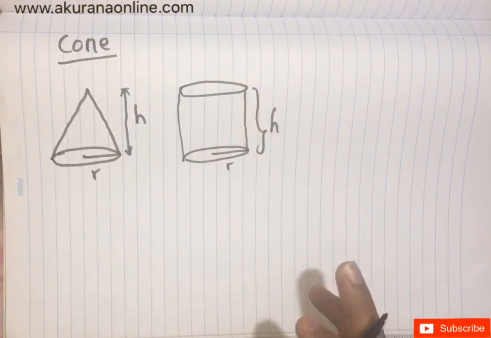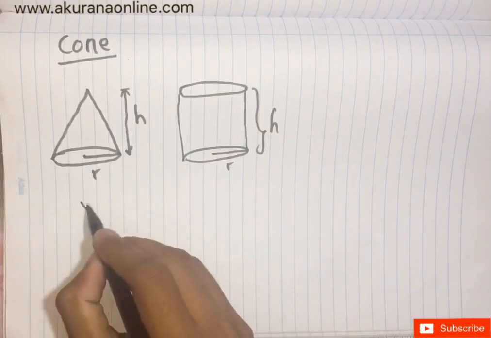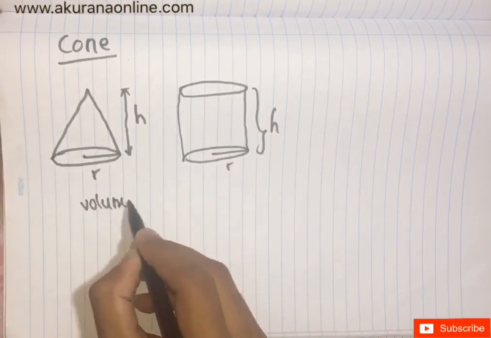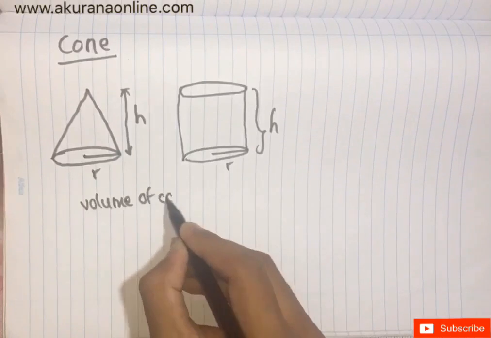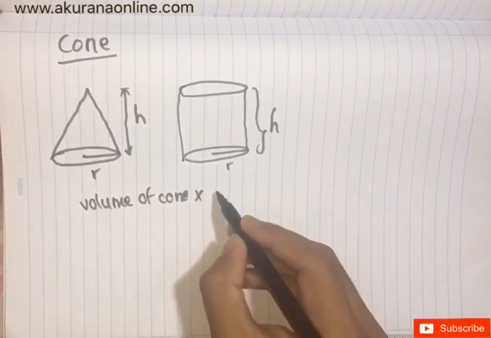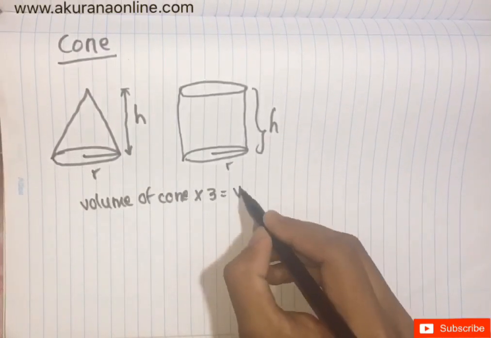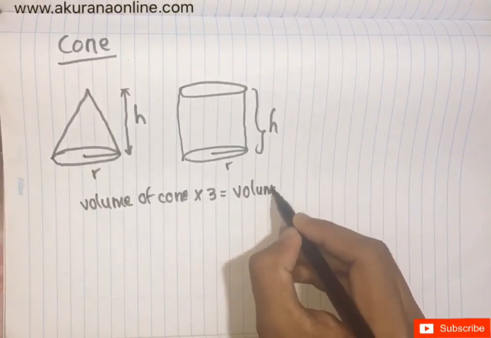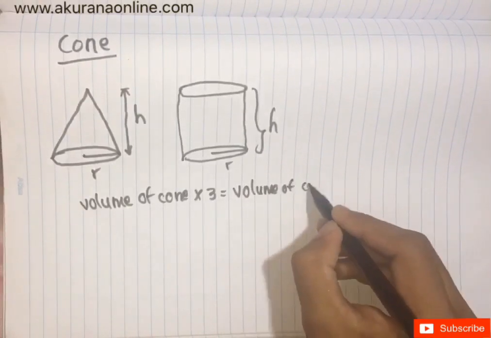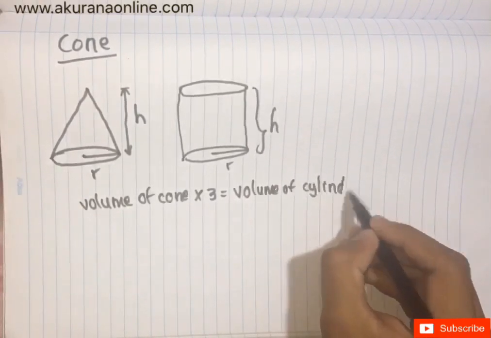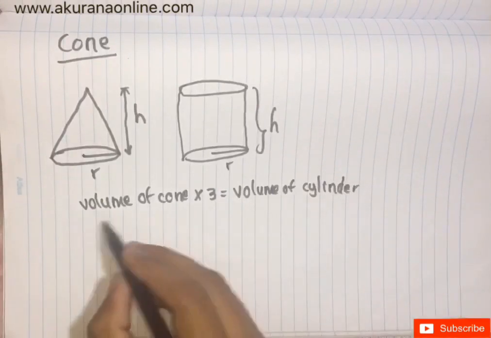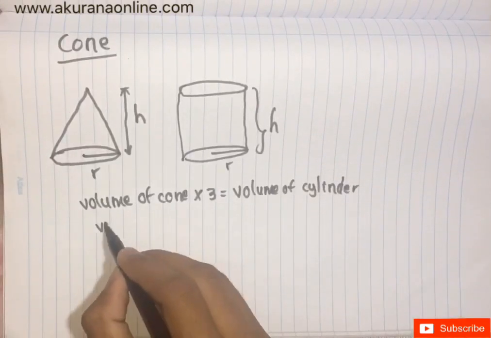Are you clear with that? Therefore volume of cone, if you multiply it by 3, you will be getting the volume of the cylinder. Clear?